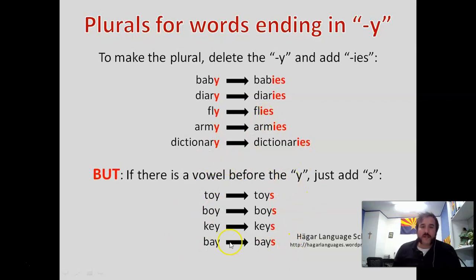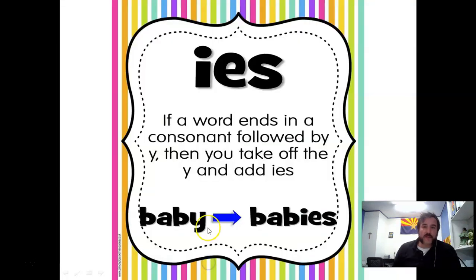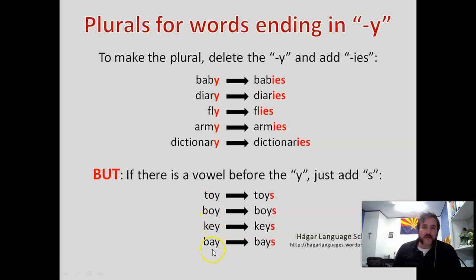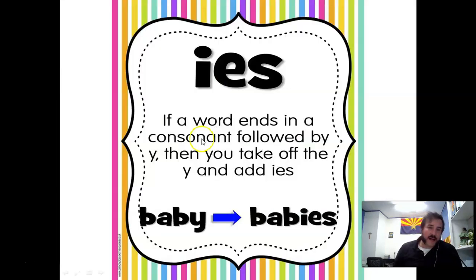But if you're noticing the difference of when you just add S to a word that ends with Y, and when you change the Y to I and add ES, it always deals with the letter right before the Y. Please notice right here that this letter, whether it be O, E, or A, if it's a vowel right before the Y, then you just add S. If it is a consonant before the Y, then you change the Y to I and add ES. And that is what we're dealing with.